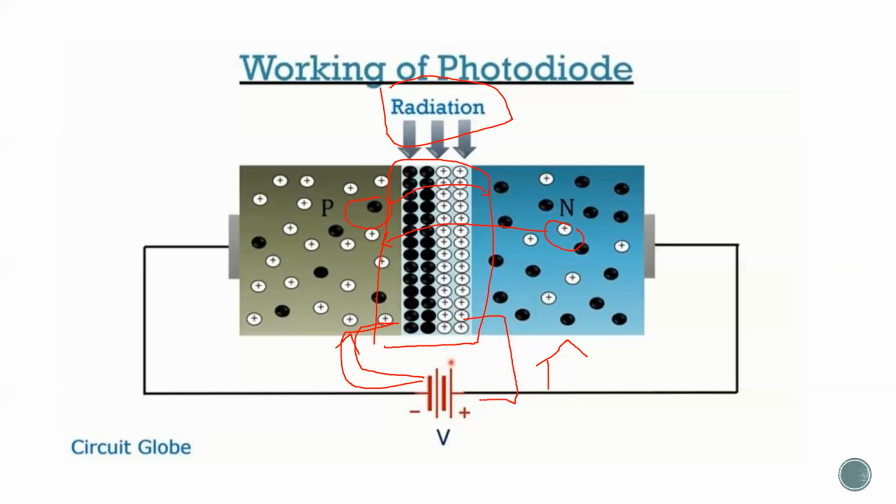Due to this movement, current flows, and with the increase in the intensity of radiation, the current through the device also increases. More simply, the current through the device is directly proportional to the intensity of light. Now, guys, let's move further to the next slide.